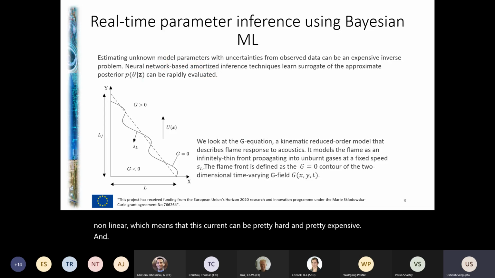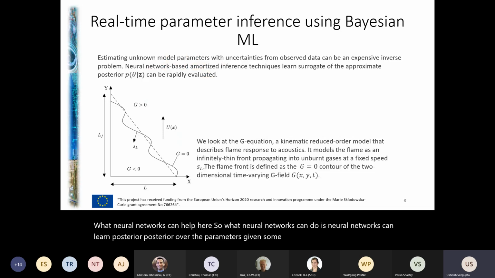But neural networks can help here. Neural networks can learn the posterior over the parameters given some observational data, which is a probability distribution, and they can learn to map from an observation to this probability distribution. You can train the neural network on many simulations, and you can learn this distribution from those simulations.